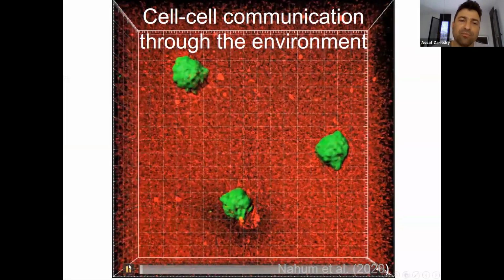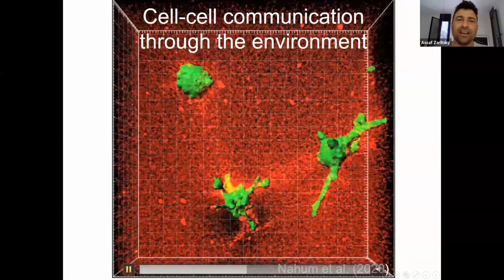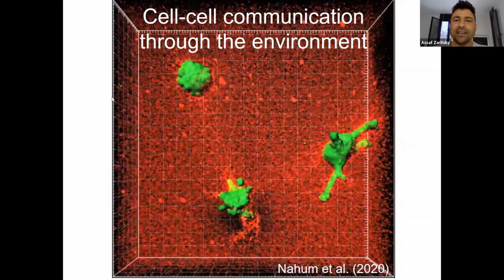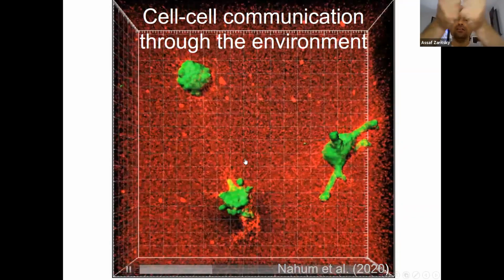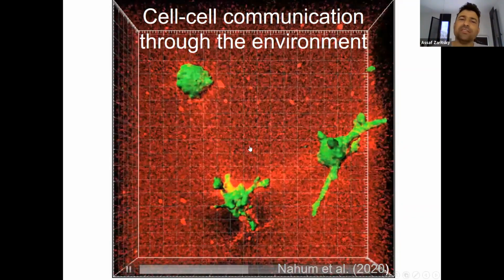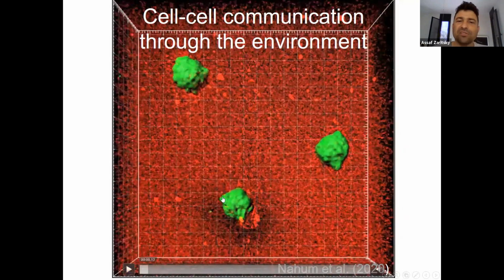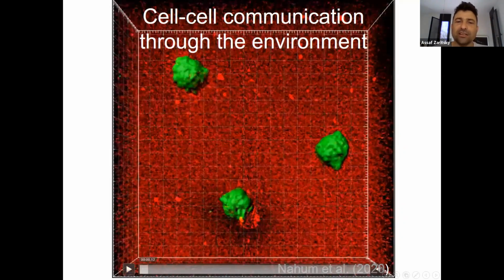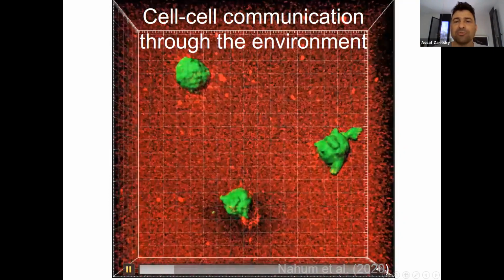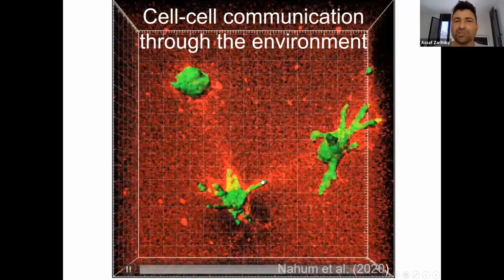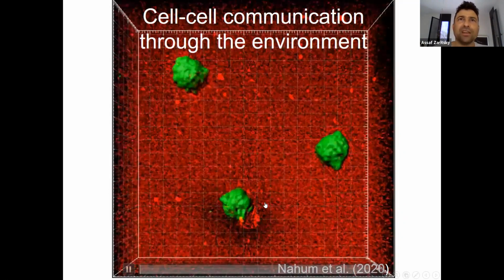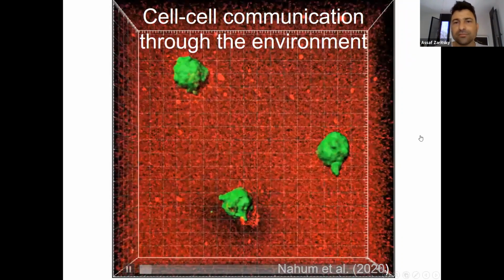Here you see fibroblast cells in a fibrous environment, like a jungle. The red is the jungle and the green is our cells. You can see that the cells are communicating. How do you see that they are communicating? They are pulling on these ropes and creating these denser fibers through which they communicate. Assaf from the lab created tools to actually measure this process and show that cells that communicate have a very unique signature.